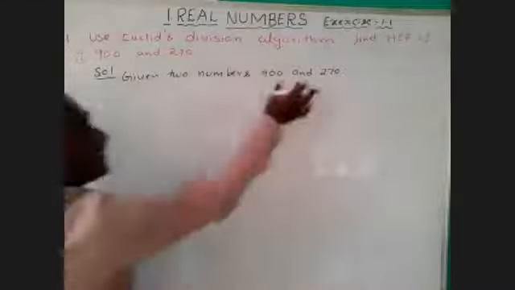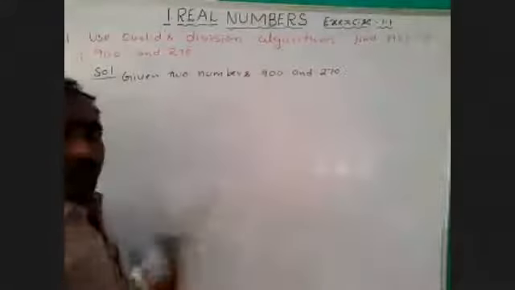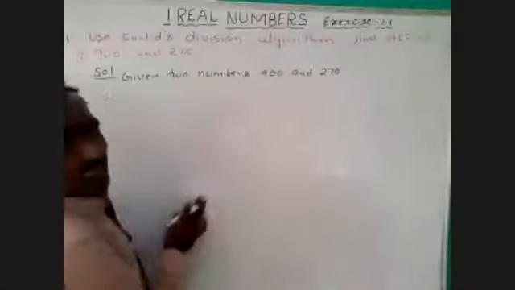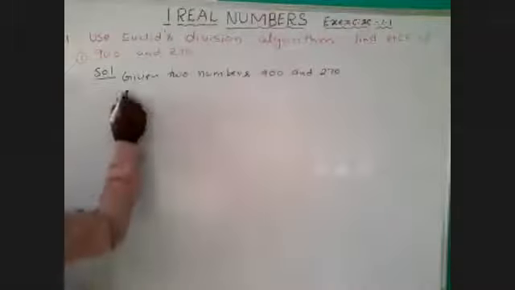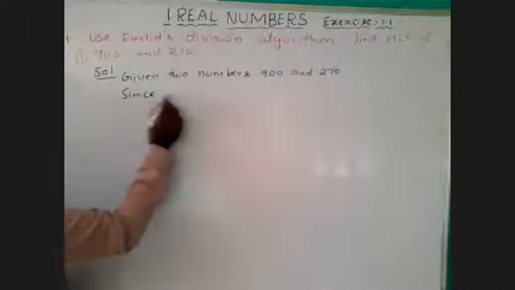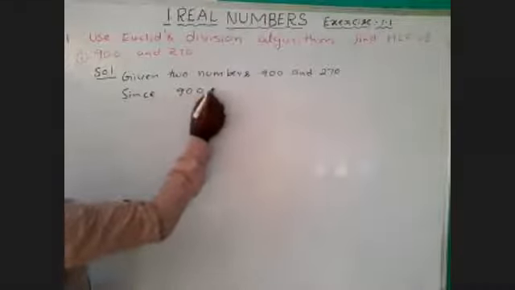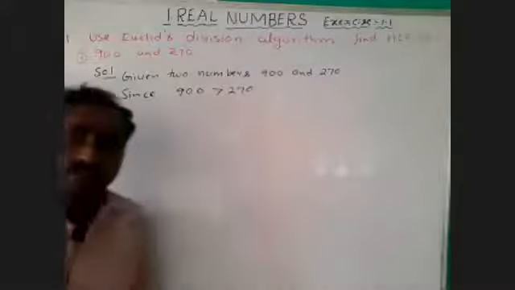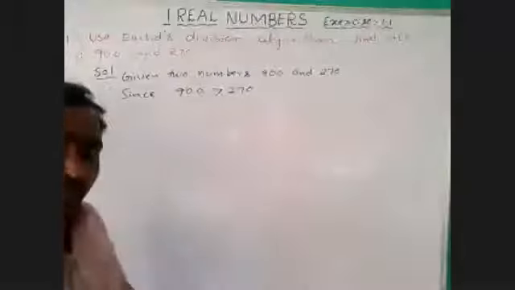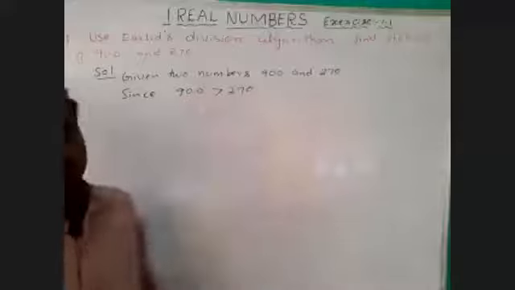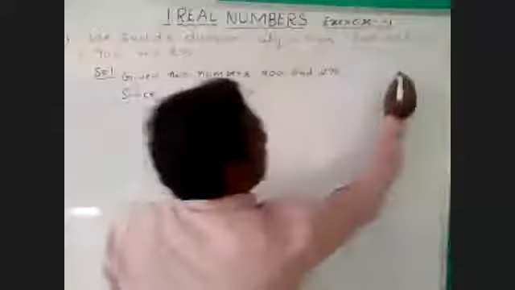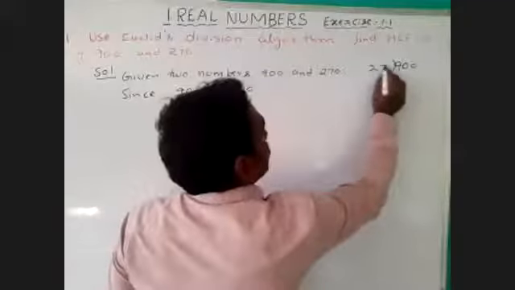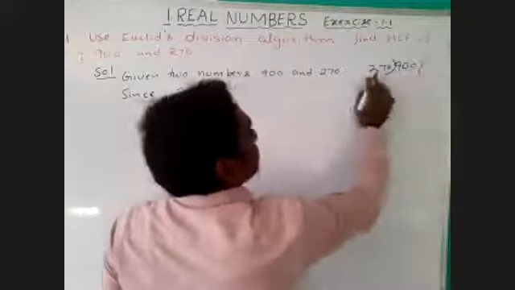Out of these two values, which is the bigger value? Comparing the two, 900 is the largest value. Since 900 is greater than 270, you divide 900 by 270.